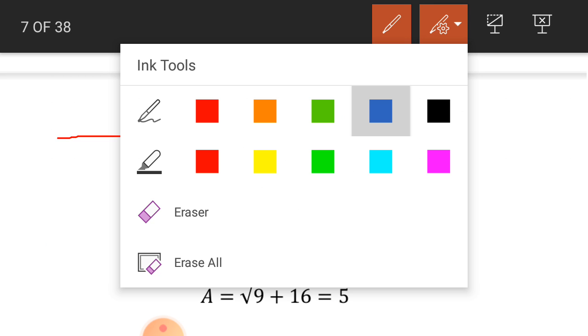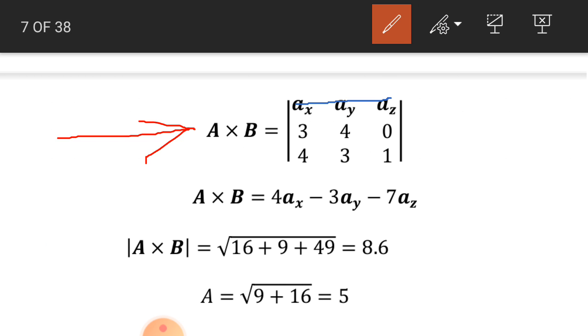Then in the second row, we consider the x component of A, which is 3, then the y component of A, which is 4, then the z component of A, which is 0. In the third row, we consider the x component of B, which is 4, the y component of B, which is 3, and the z component of B, which is 1.